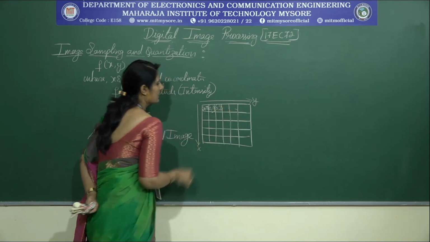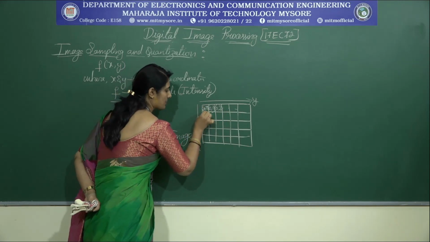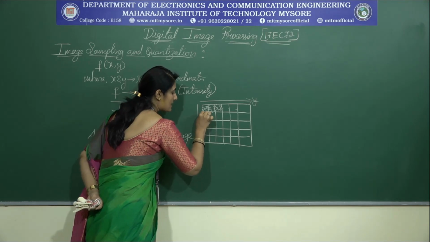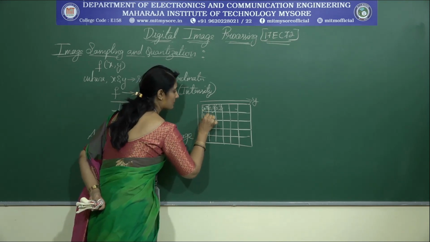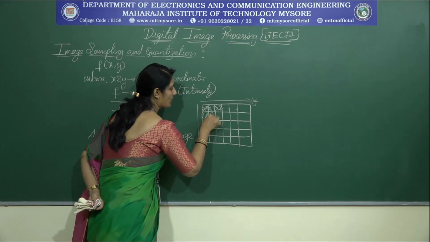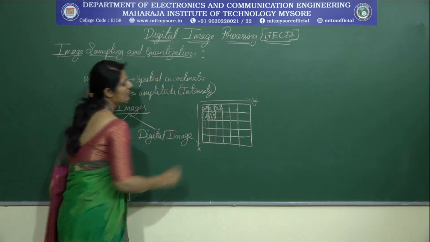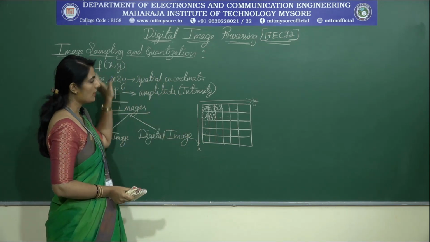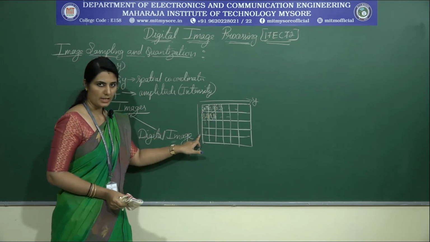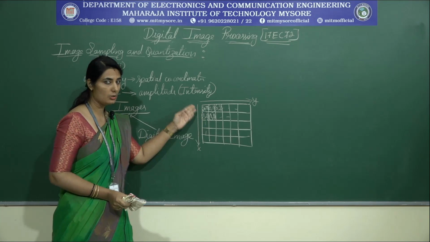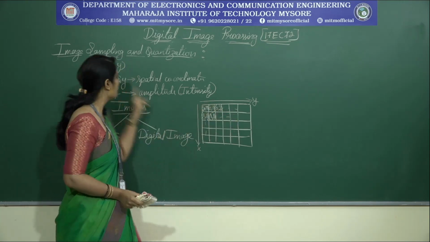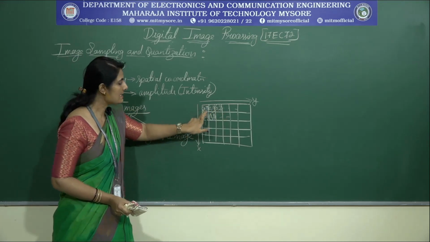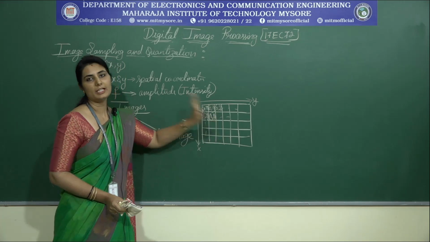The location of this pixel is second row and first column, second row, second column, like this. This is how we represent an image. So what is the meaning of f of x comma y here? X and y represent the spatial locations of each pixel, where f represents the amplitude, that is the intensity value of each pixel.